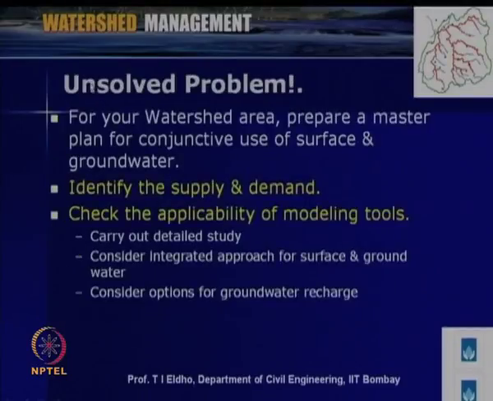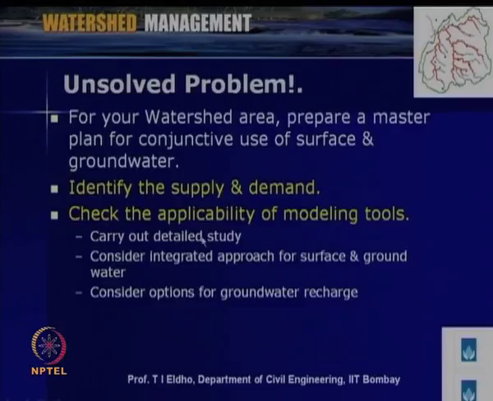So, finally, just like an unsolved problem. For your watershed area, you can prepare a master plan for conjunctive use by considering the surface water and groundwater. You can assess that particular area by considering the irrigation demand and other demands, what the demand is and how much is the supply from various sources like surface water sources or groundwater sources, and then you can develop an appropriate model by considering the groundwater and surface water.